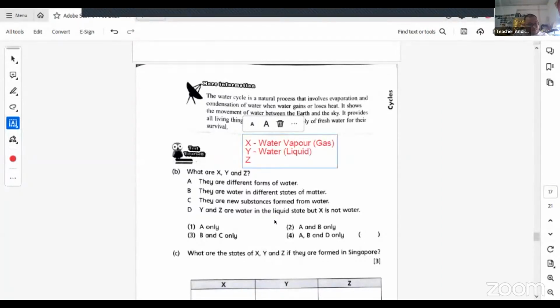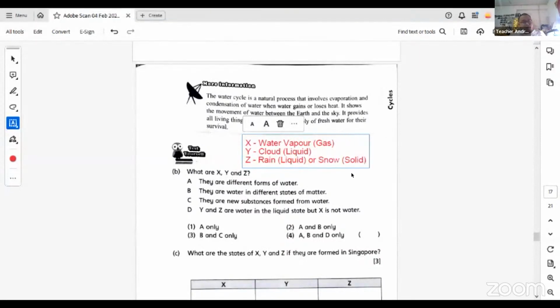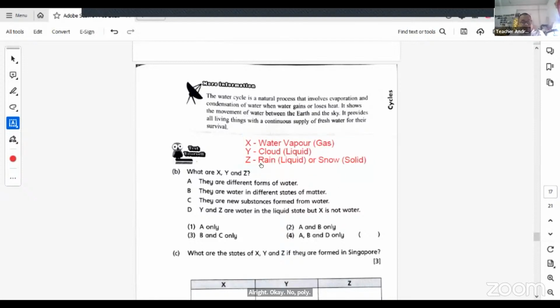Z is also water, or shall I say rain, liquid or solid. Having said that, we can safely say that A is correct. Why? Because they are different forms of water.